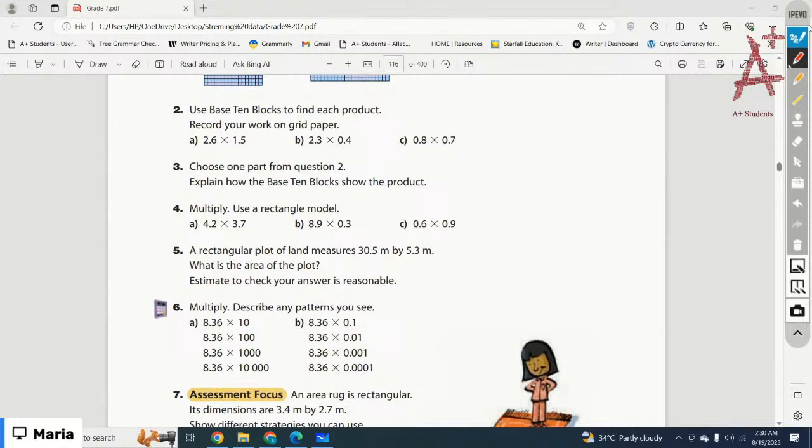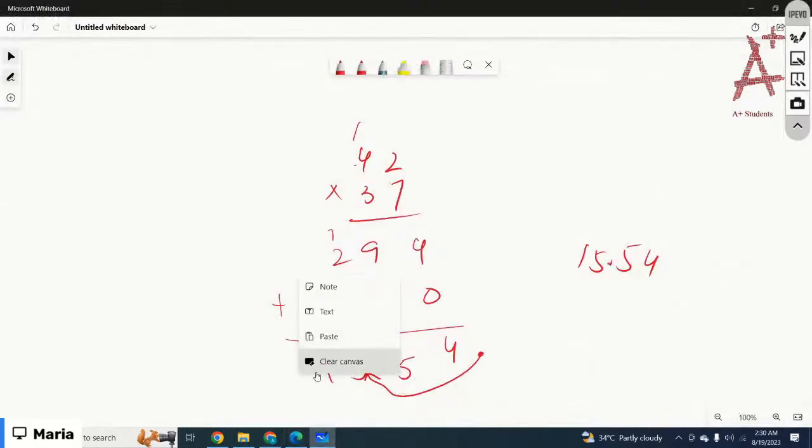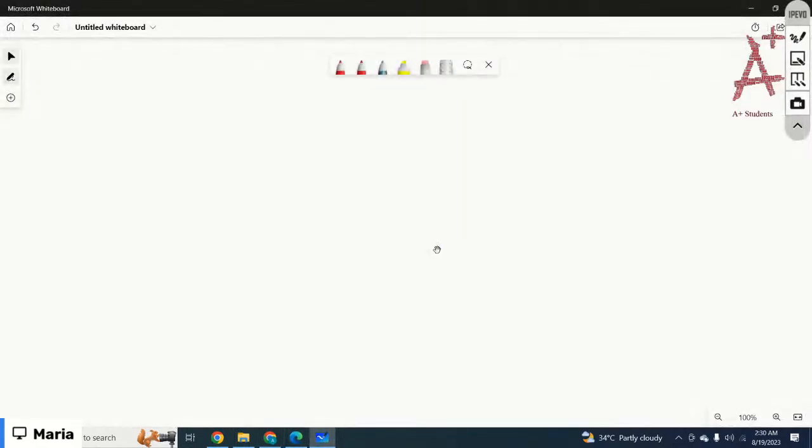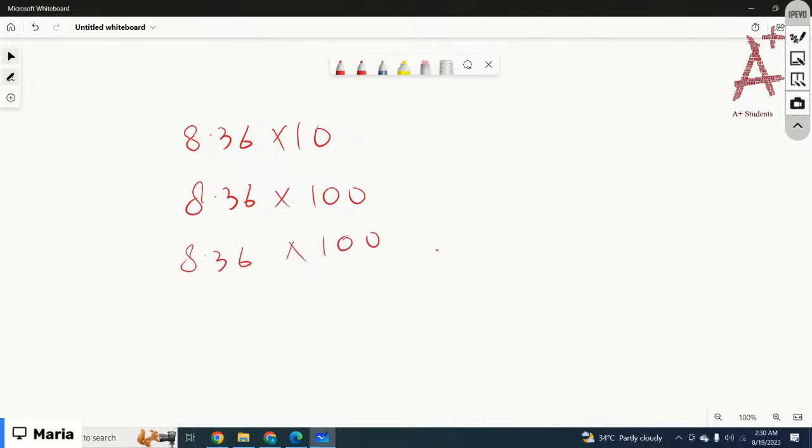8.36 times 10, 100, 1,000 and 10,000. The pattern is 8.36 times 10. You already did these patterns in the smaller grades. 8.36 times 1,000 and 8.36 times 10,000. So when you multiply decimals with the powers of 10, what you noticed is you simply move the decimal point to the right hand side.